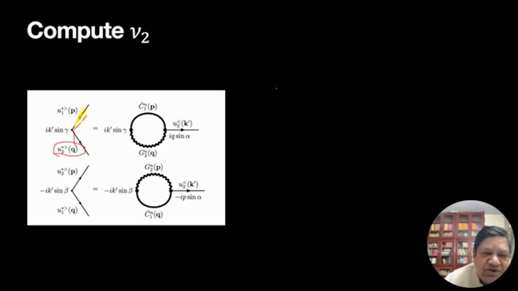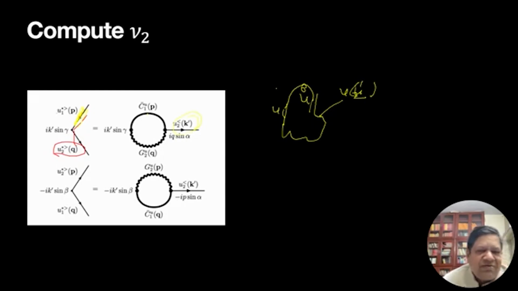So u2 expansion, Green's function, and two u's. Two u's, one of them is u1 and another one is u2, and one u1 here. So these two are combined together. That's a correlation function, and this u2 becomes k prime. So this is u2 k prime. So the Green's function, and this is correlation function and Green's function.